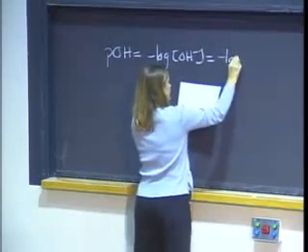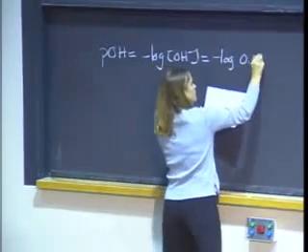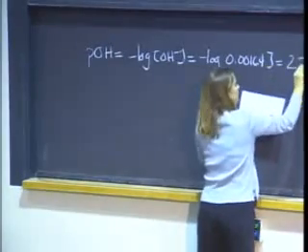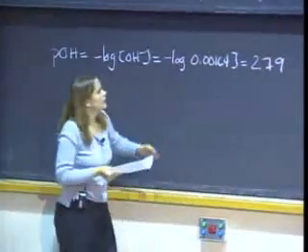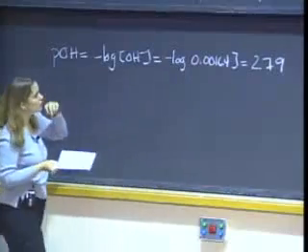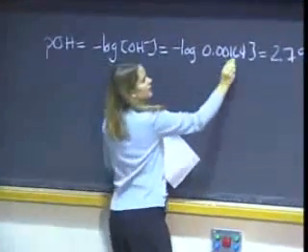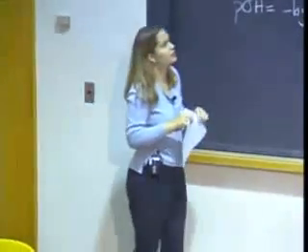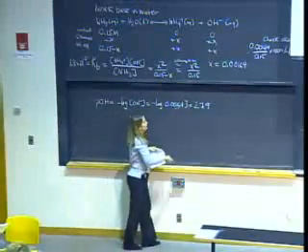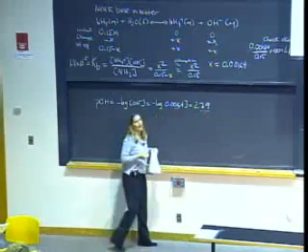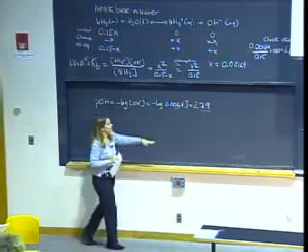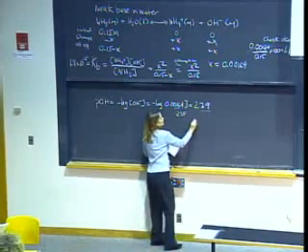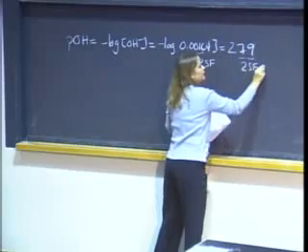And so we have minus log of 0.00164, and we get 2.79. So this only had 2 real significant figures. We're carrying an extra one. We only had 0.15, so we only had 2 significant figures here. So this is going to get 2 after the decimal point.